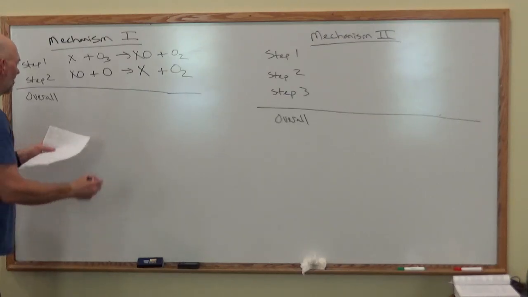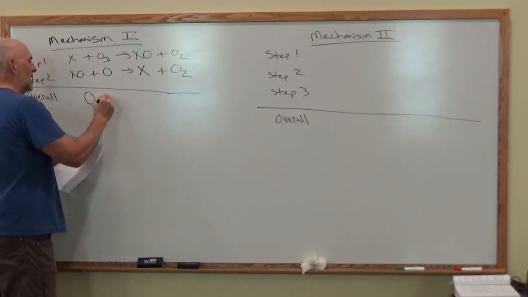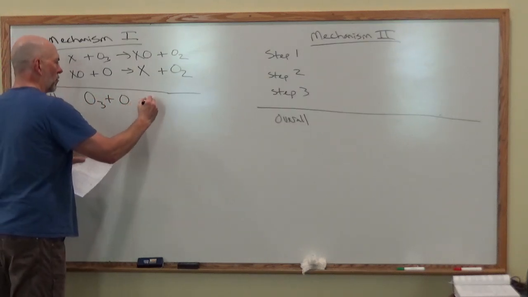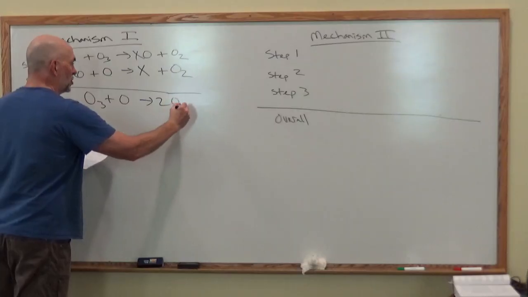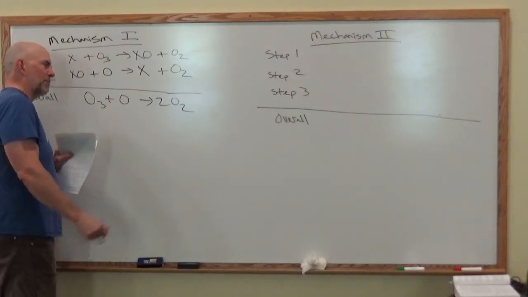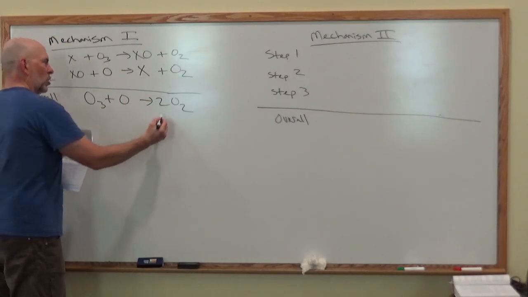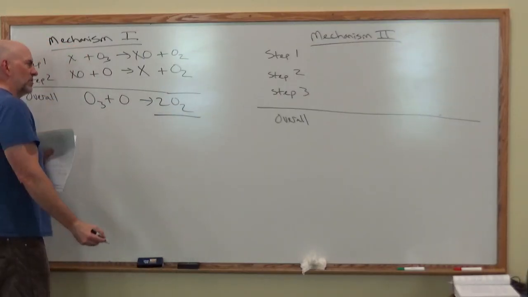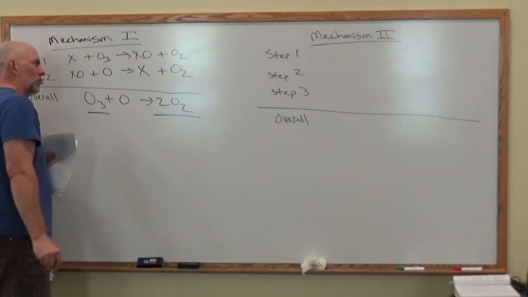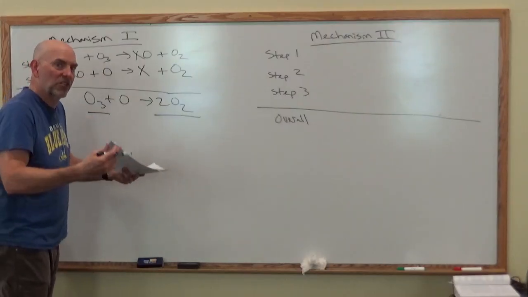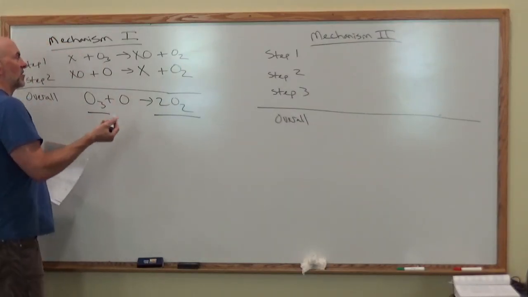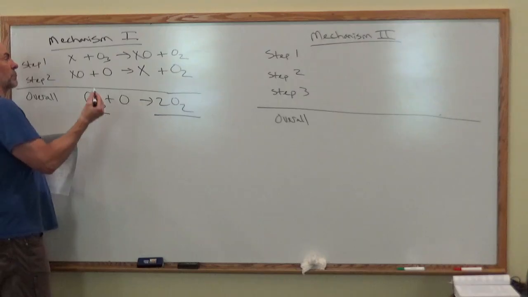When you add these together, you get O3 plus O forming 2O2. That doesn't look very interesting by itself. But we are reforming oxygen, so we are destroying ozone, if you will, or depleting ozone, maybe that's a better word.